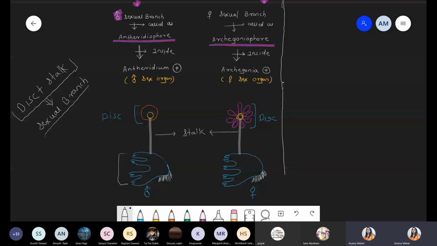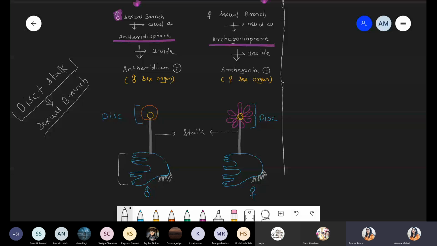Okay, Rishikesh. Okay, chalo. Now that is all the information with respect to the gametophytic body.